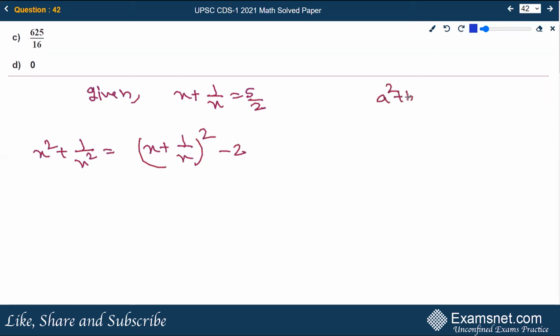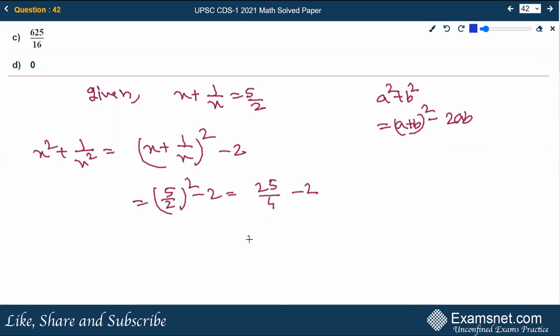The actual formula for a square plus b square is (a plus b) whole square minus 2ab. Here a is x, b is 1 by x. So I can write (5 by 2) whole square minus 2, 25 by 4 minus 2, that is (25 minus 8) by 4. So 17 by 4.